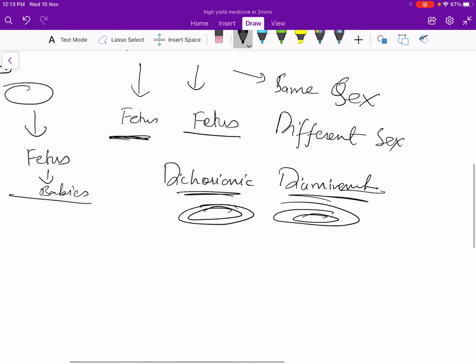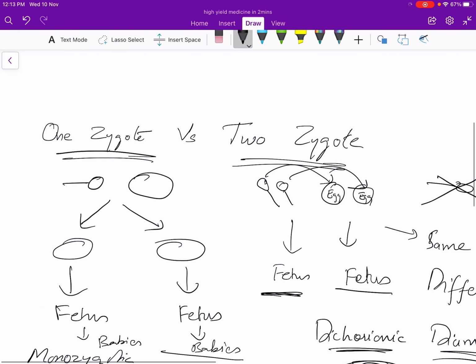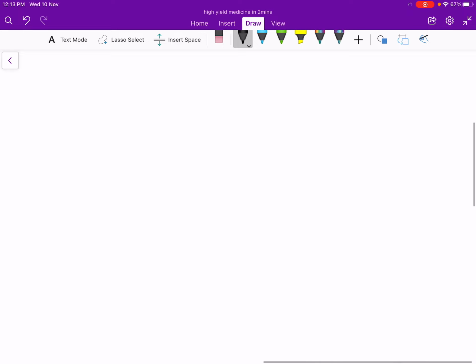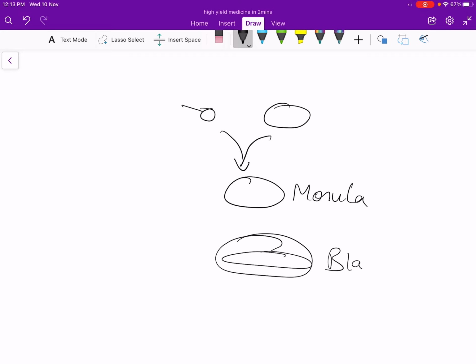Now let's move on to monozygotic pregnancy. There's one sperm, one egg, they fuse and give rise to the morula. Morula would give rise to a blastocyst, and that will undergo implantation and further division.